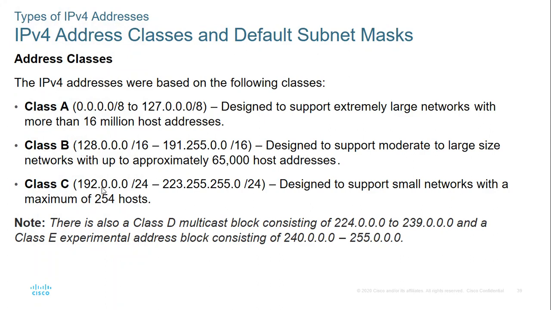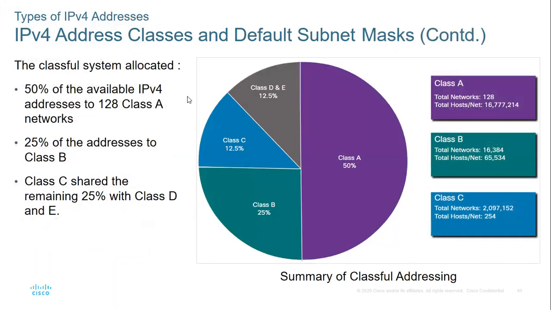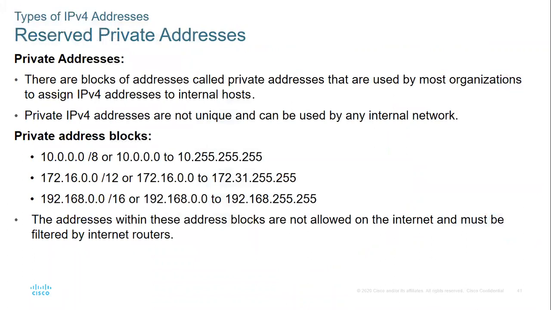Class C, 192 up to 223. Then we have class D, which is used for multicasting, and E is used for experiments. About 50% of the addresses when using classes belong to class A. This wasn't good at all because it used to waste some addresses.